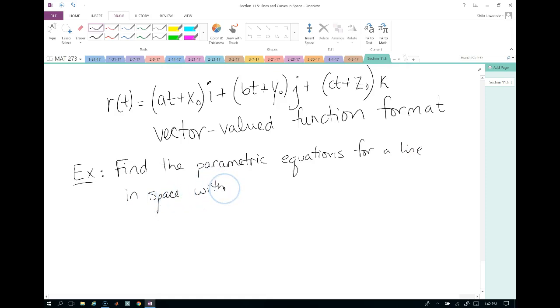And we're going to do two examples, so I'll give you some specific characteristics that we can use.